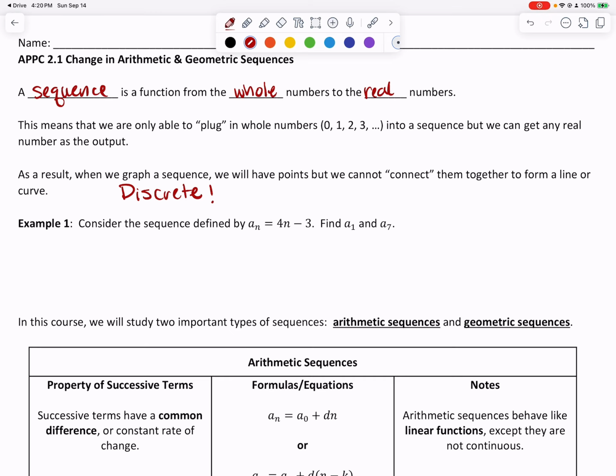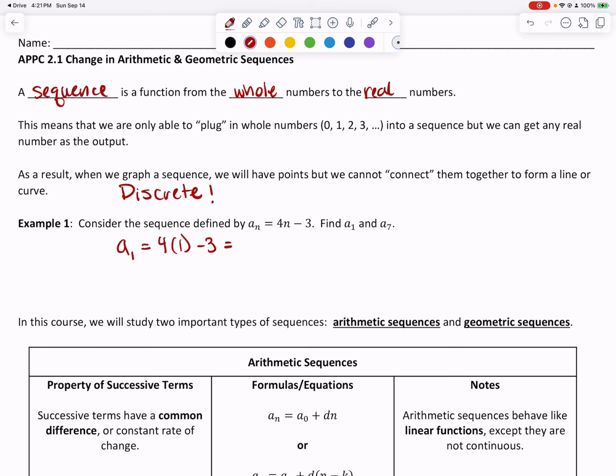Okay, so our first example, consider the sequence defined by a sub n equals 4 times n minus 3. This is sequence notation. It works very similarly to function notation. A is the name of the sequence. The subscript n is that input variable. So this is kind of like your f of x, and n is the x. So if we want to find a sub 1, we're going to plug 1 in for n.